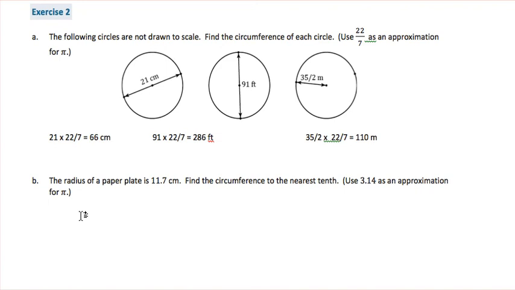So the radius times 2 would be 23.4. And then we multiply 23.4 times 3.14, which is 73.5, and our units are centimeters.